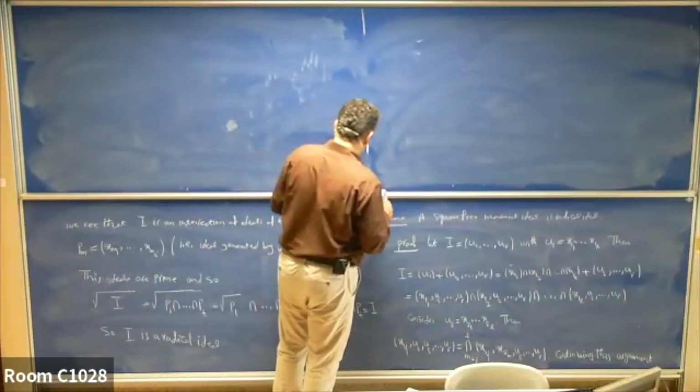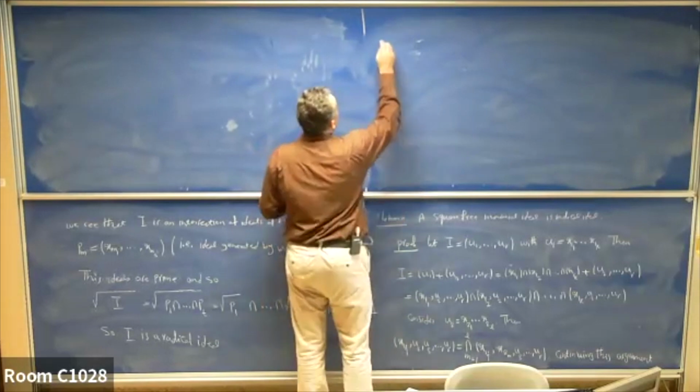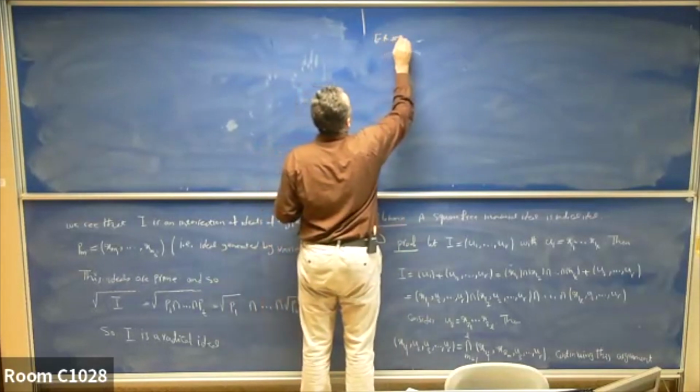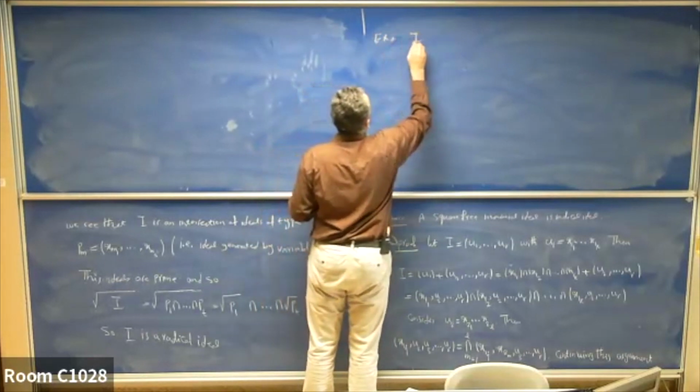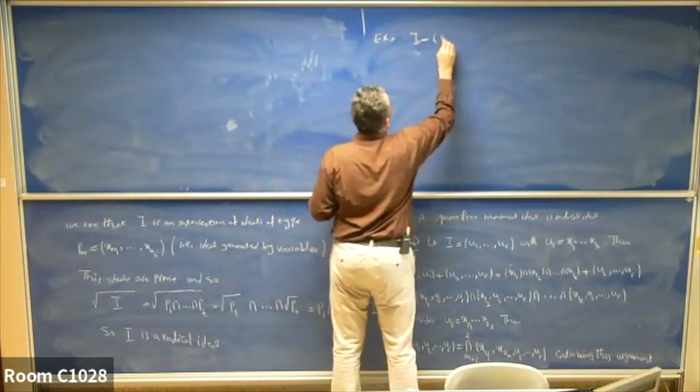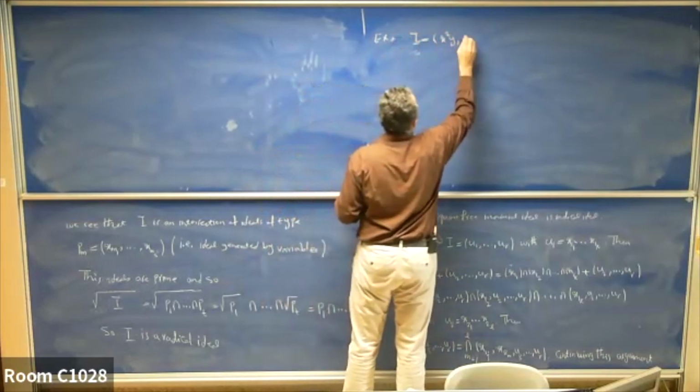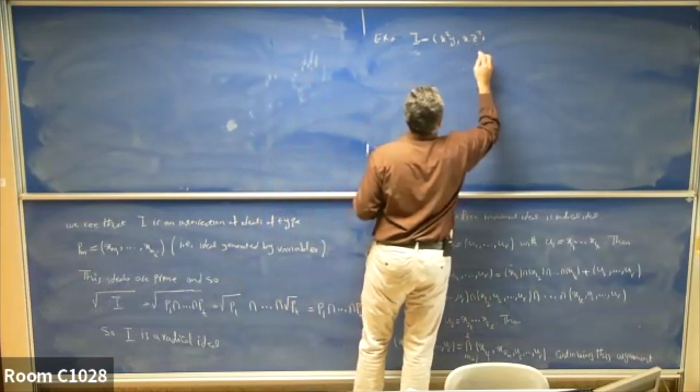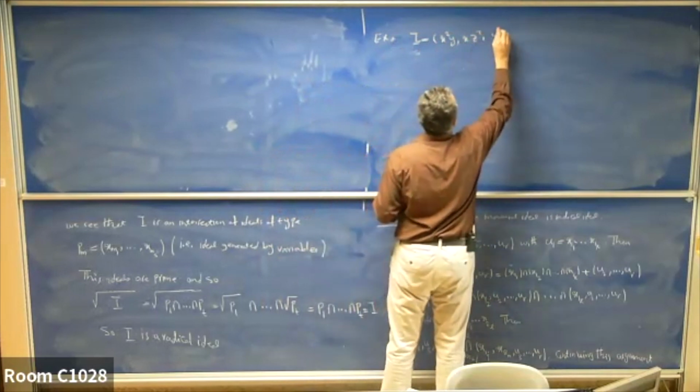polymatroid ideals. For example, let I be equal to (x^2 y, x z^2, y^2 z).